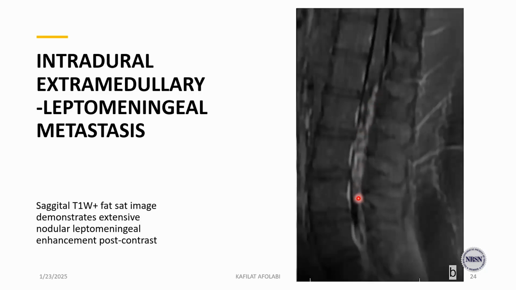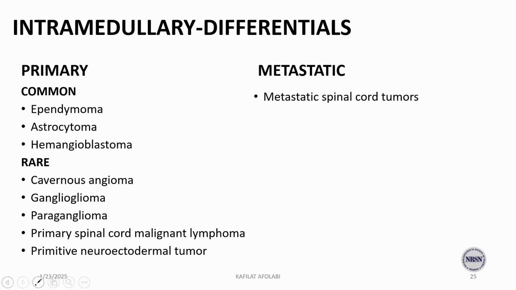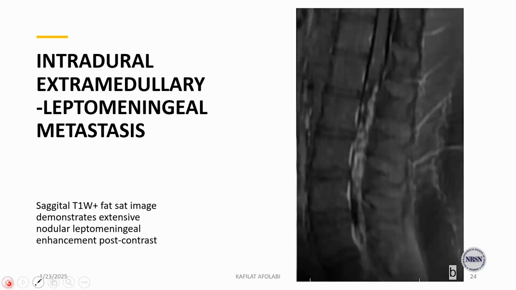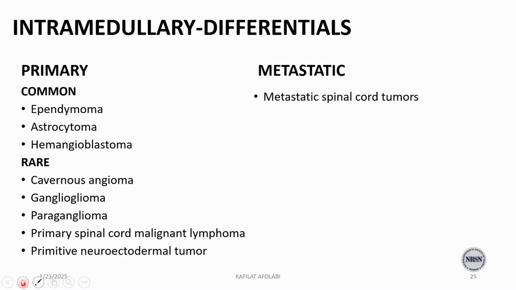And using a fat saturation sequence helps to clearly bring this out. A close differential of this will be drop metastasis, which will also enhance, but we'll see it as multiple discrete nodules at different levels within the intradural space, within the thecal sac.